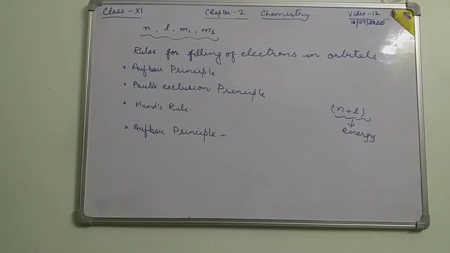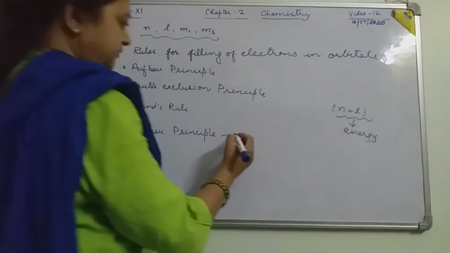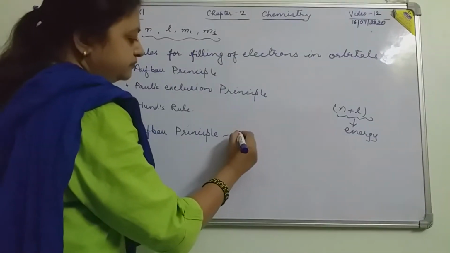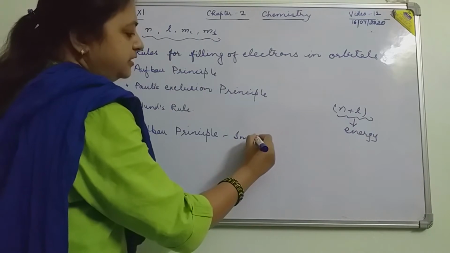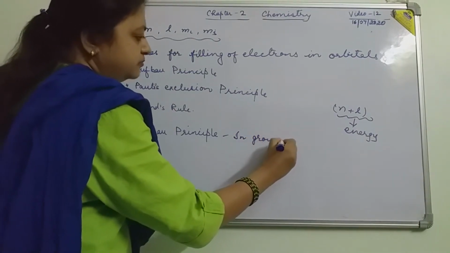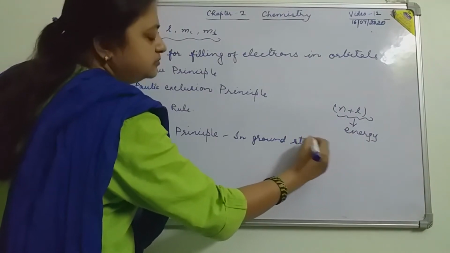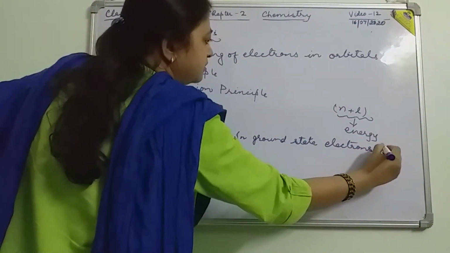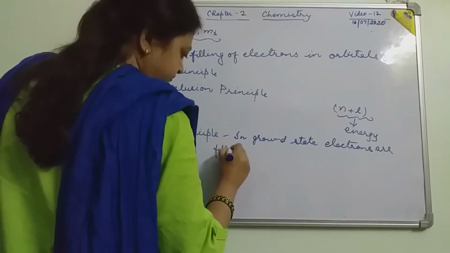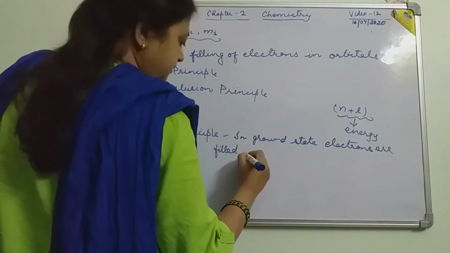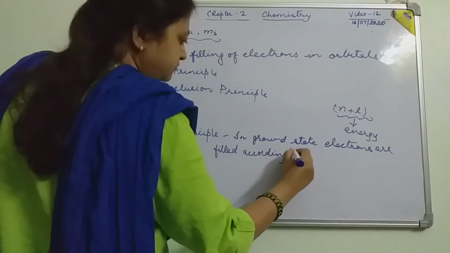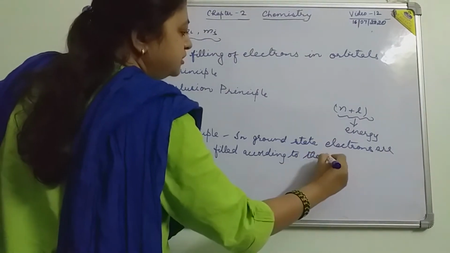If an atom is in the ground state, we can say that in the ground state electrons are filled according to energy.